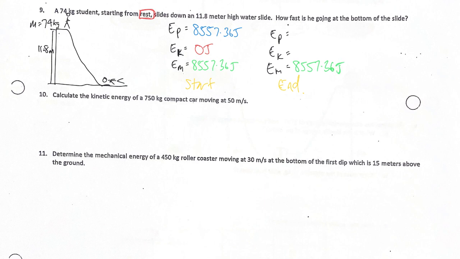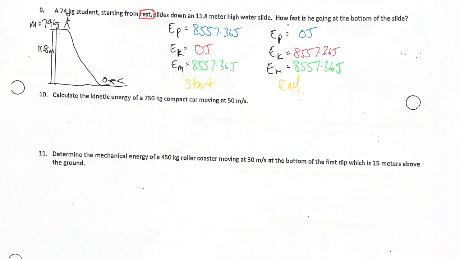However, he's at the bottom of the slide, so one of these values is going to be a 0. Which value is going to be 0 now that he's at the bottom of the slide? EP. Now he's going to have 0 potential energy. That means we know something about his kinetic energy. What is his kinetic energy going to be? 8557.36 joules. All of it is going to be kinetic energy.